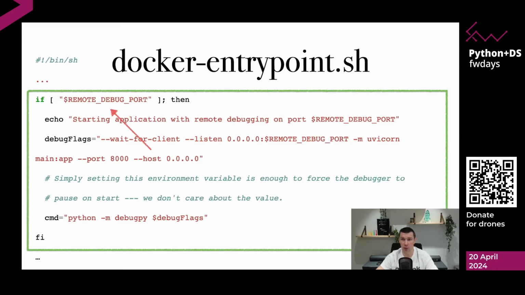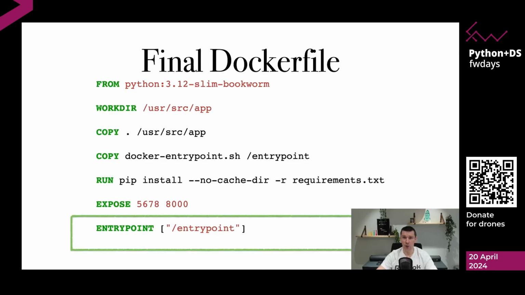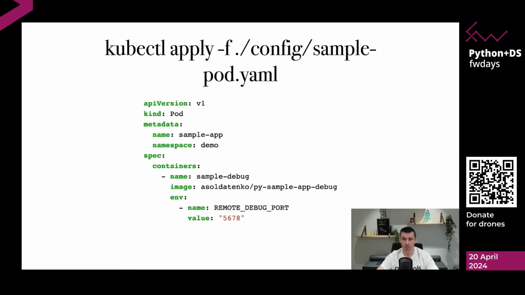Then we run with wait for client, and the final Dockerfile will look like this: instead of using CMD and running Python directly, we just run the entry point, and of course we have to copy the entry point and make sure that there are correct permissions.